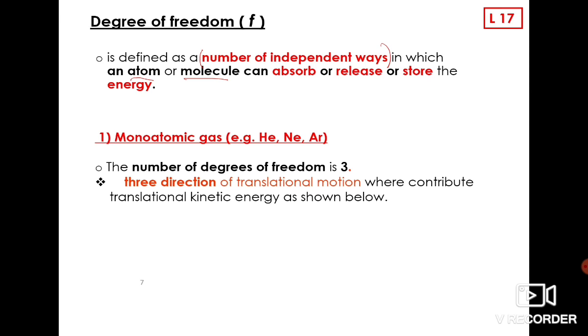So we have 3 types of gas, the first one is monoatomic gas. The number of degrees of freedom for monoatomic gas is 3.